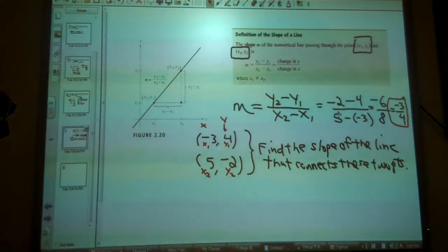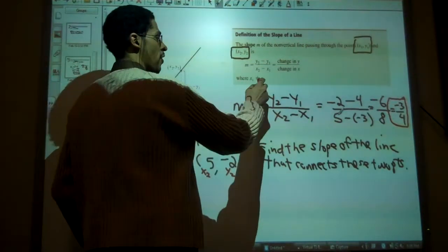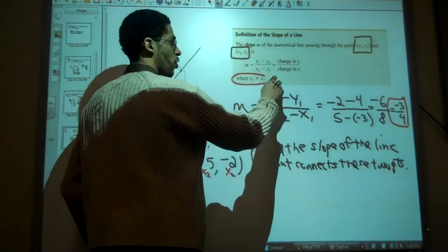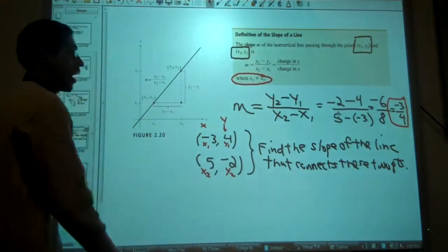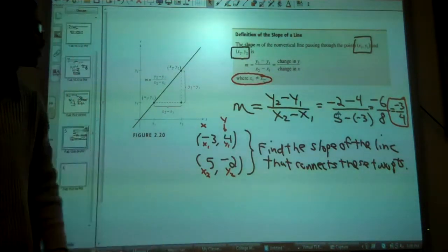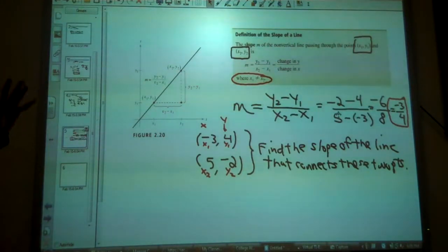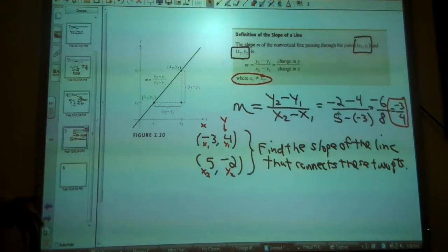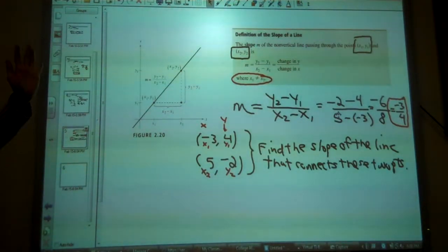It could get tricky because when we have a fraction, sometimes we need to worry about division by 0. What this book says right here, though, is just make sure that doesn't happen. You'll never have 0 as long as your x1 and x2 are different. When they're the same, then you have a problem because you'll be dividing by 0. And we'll get to what that means as far as a line.